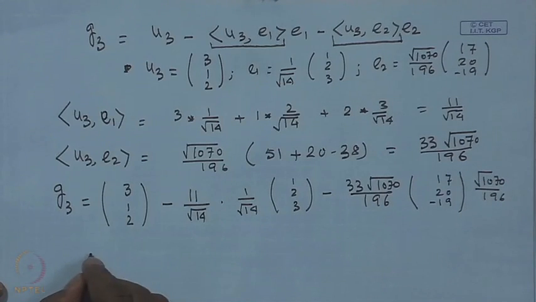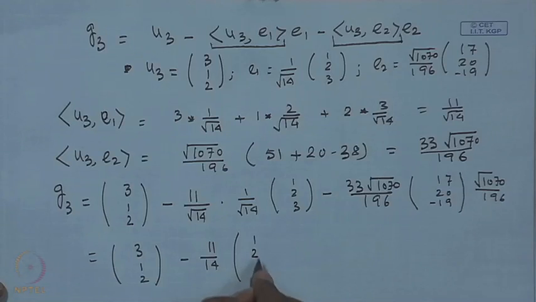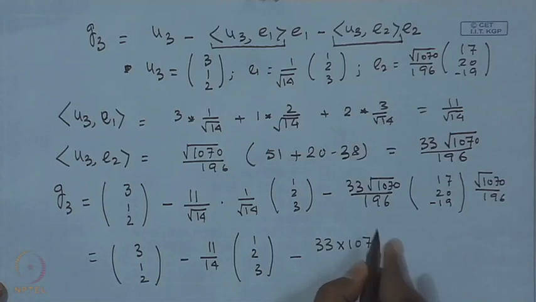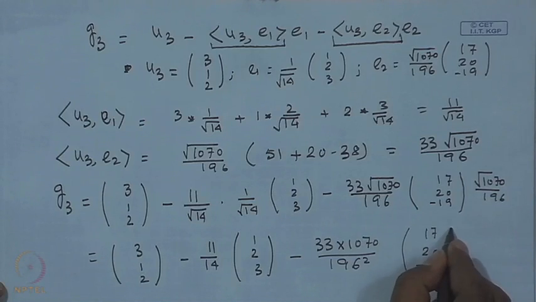So, this becomes 3, 1, 2 minus 11/14 times 1, 2, 3 minus 33 into 1070 divided by 196 squared into 17, 20, minus 19.